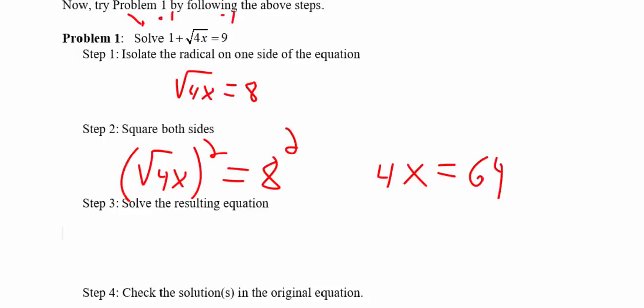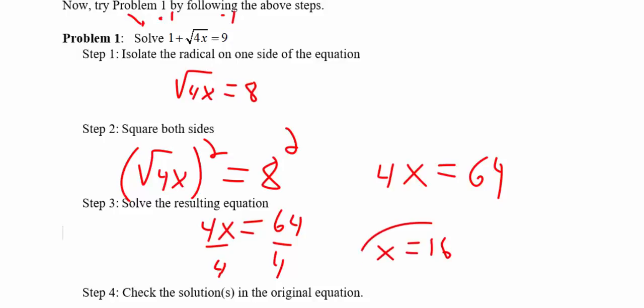And then step 3 says solve. If we divide both sides by 4, we're going to be left with x equals 16. Before I write my answer, x equals 16, I have to check it. I want to place the 16 back into my original equation.